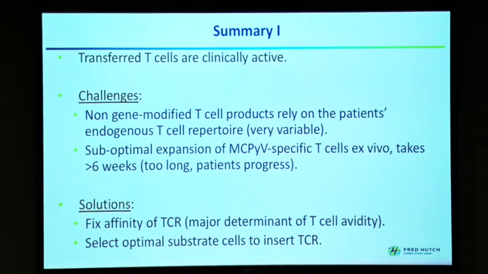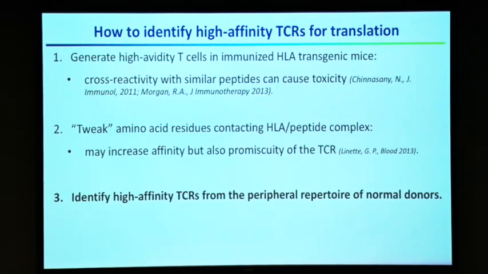So we decided to embark on adoptive T cell therapy using genetically modified T cells and basically identify a high affinity TCR against Merkel cell polyomavirus, then we have fixed, high affinity that we can then plug into our selected substrate cells, so selecting cells which would persist better.